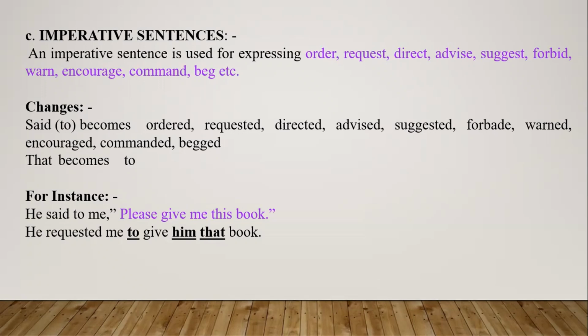So whenever you see any word like please, kindly, obviously it shows a request. So we have to convert said to into requested. So now you can see he requested me. Now comma will be replaced with to. Okay, so we use to here, and we'll remove please because we have already written the word requested over here, so we cannot use please again because please shows request.